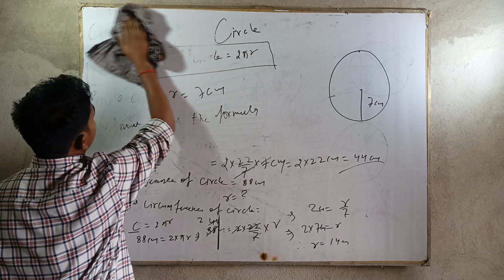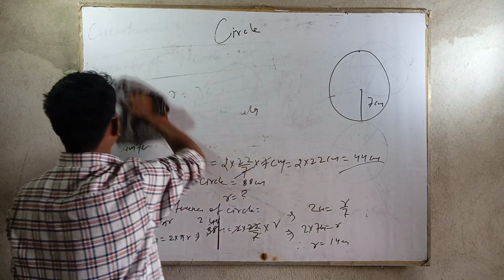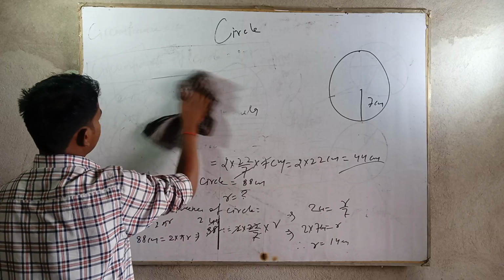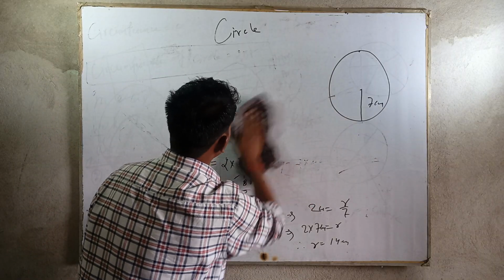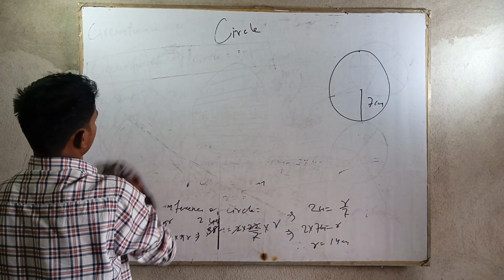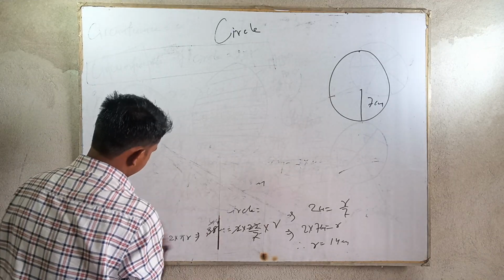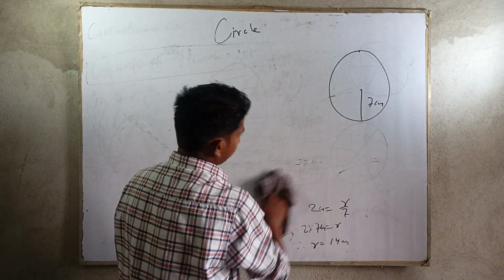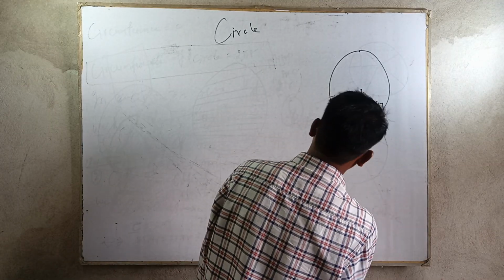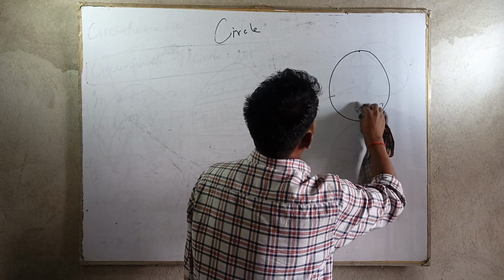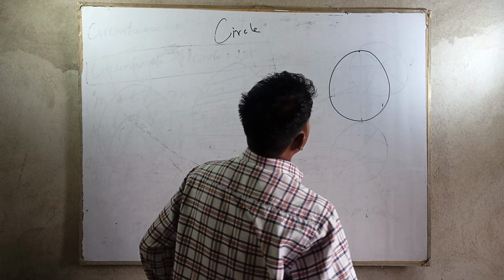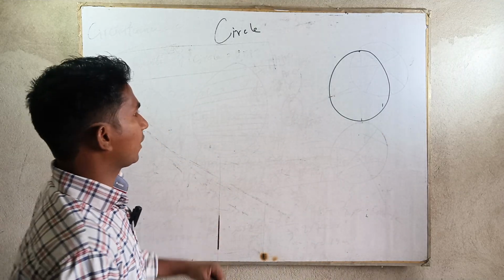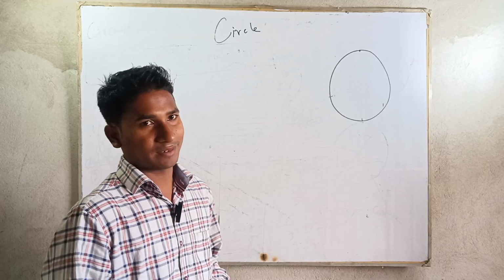So next is about area. How to find out the area of a circle. Next one is about area. So area means what?